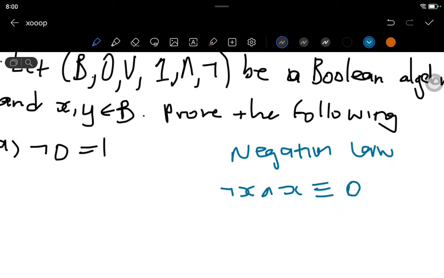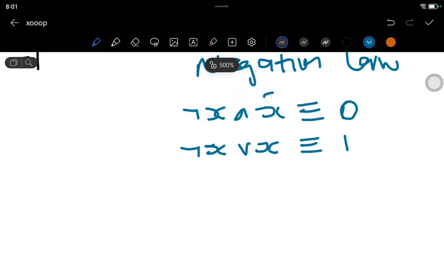Then the negation of X or X will be logically equivalent to true. Reason being, if this is 0, this one is going to be 1 because the negation of 0 is 1, and 0 times 1 will give us a 0. And if this is 1, the negation of 1 is 0, still the answer will give us a 0.